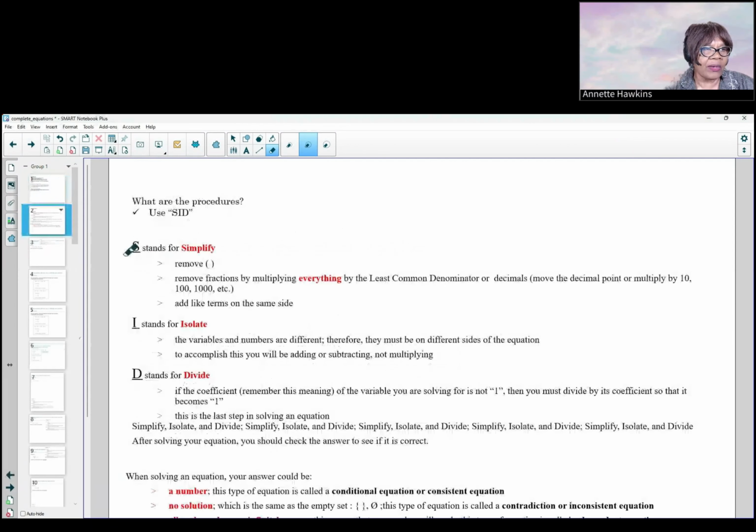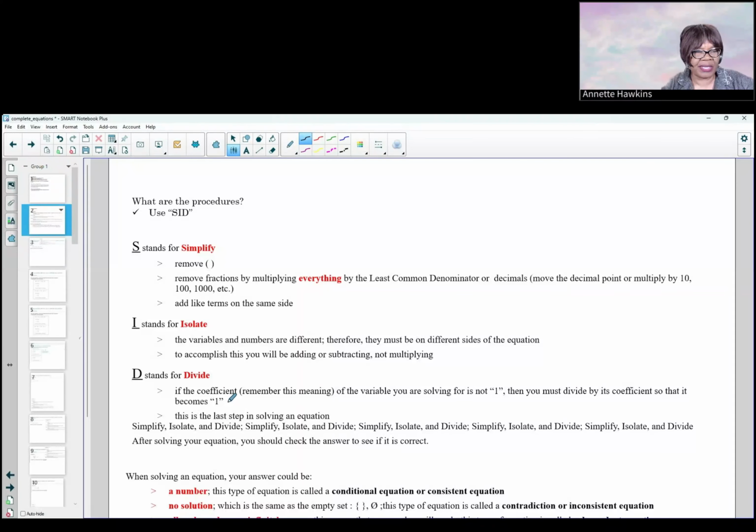And so we know that we have talked about SID: simplify, isolate, and divide. You have to simplify, meaning you have to remove parentheses, remove any fractions or decimals that you have, and add like terms on the same side.